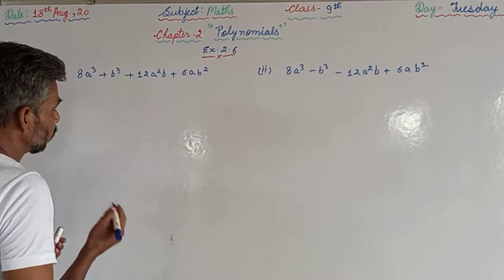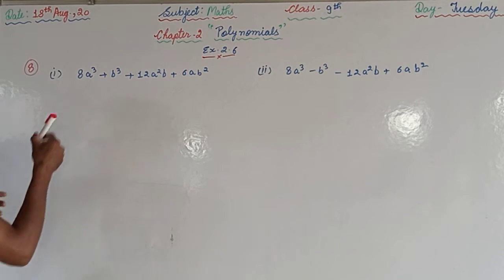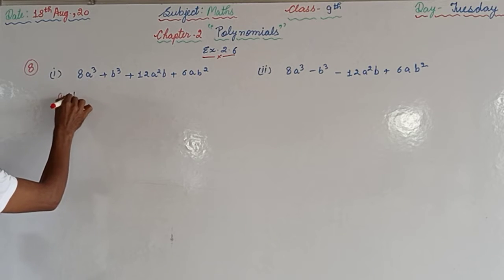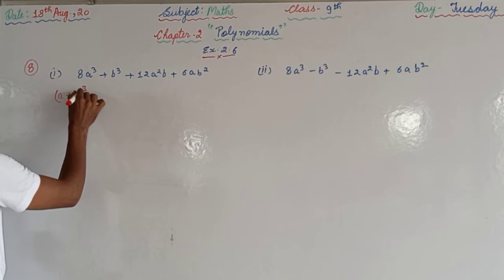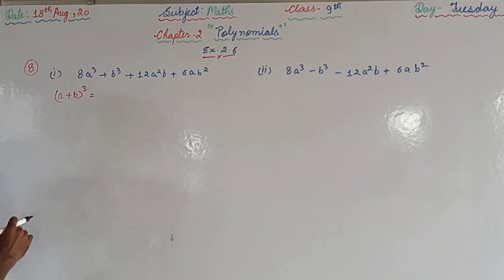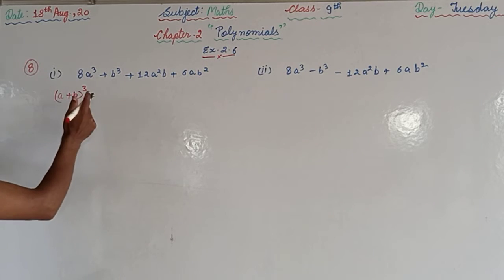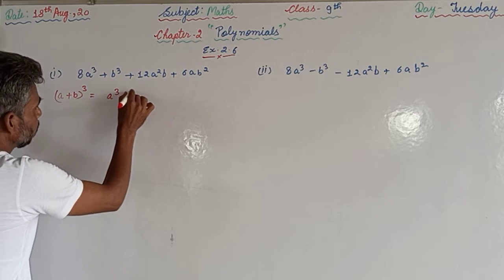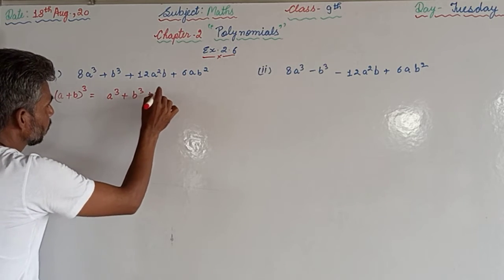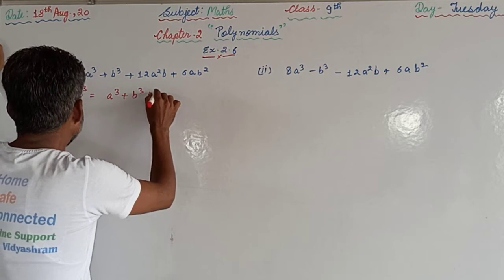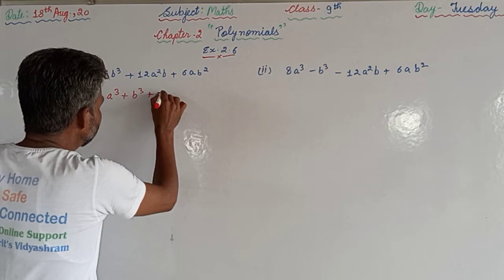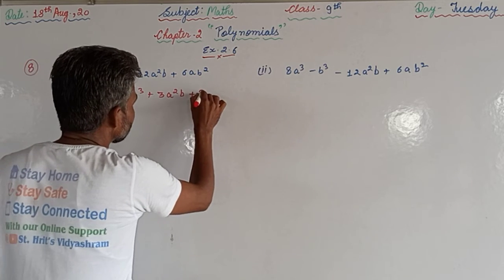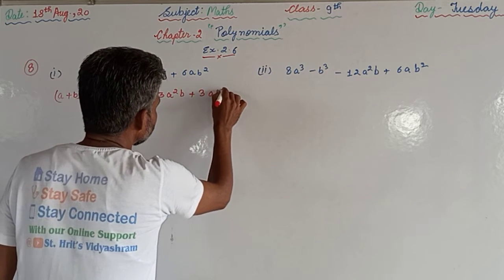I told you previously that there is one identity, that is (a plus b) whole cube equals a cube plus b cube plus 3a square b plus 3ab square.